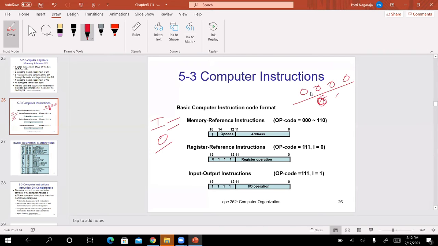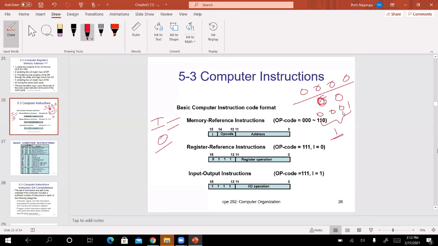Now next one. Take I as 0 and opcode 001. Yes, very good. Now convert this into hexadecimal. 0001 is nothing but 1.